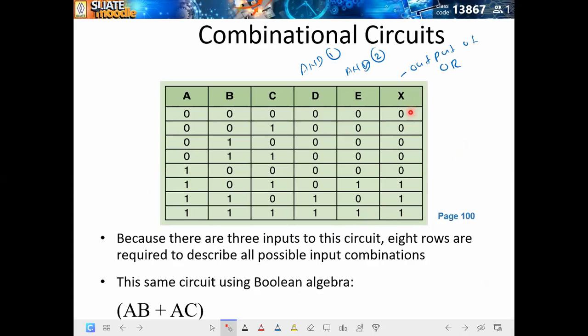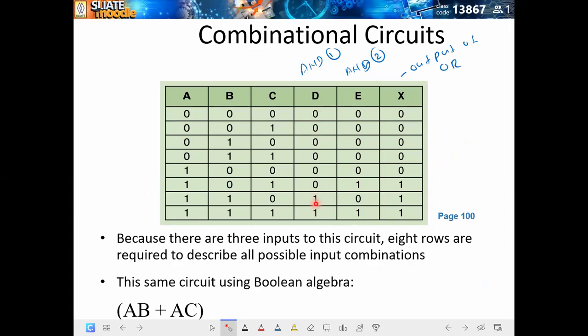So we can see, right, here D is 0, E is 0, both are 0, then the output is 0. Here both are 0, output is 0, right? But when you see this one, D is 0 but E is 1, so one input is 1, therefore the output is 1.